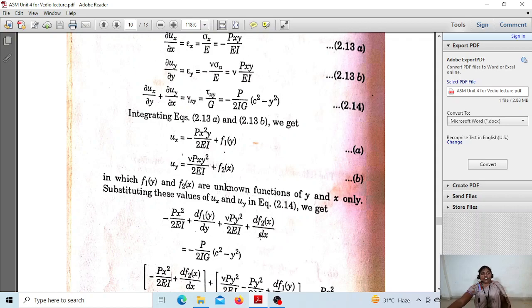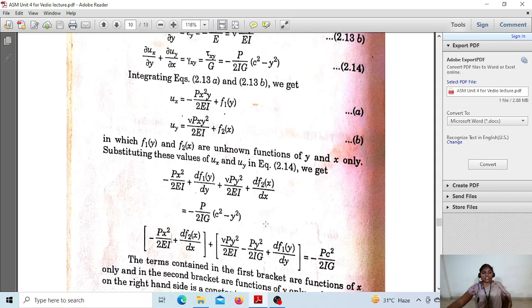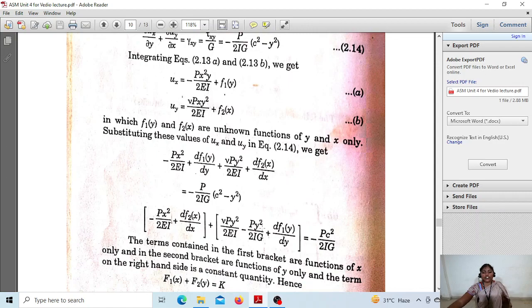That should be equal to gamma xy, which is minus p by 2IG into (c square minus y square). Now you got an equation like this. So the x terms are taken aside: minus p x square by 2EI plus df2 by dx, and then the y terms: plus nu p y square by 2EI minus p y square by 2IG plus df1 by dy. That should be equal to the constant term, minus p by 2IG into c square.